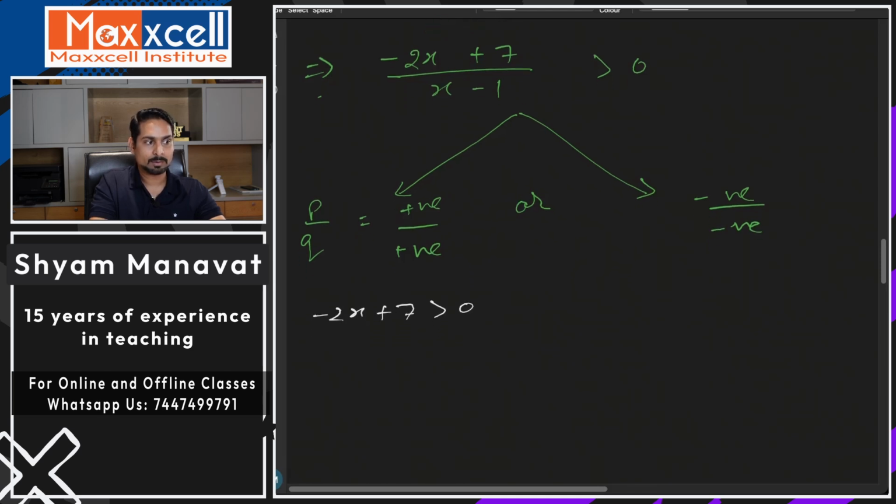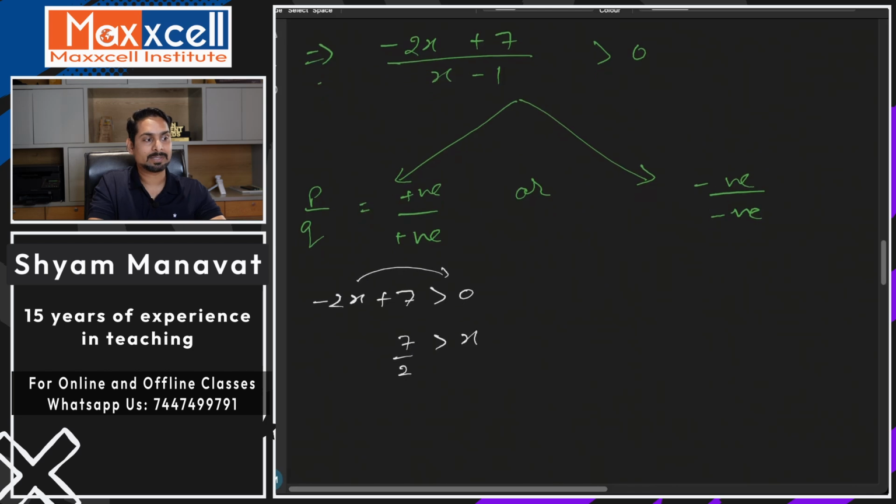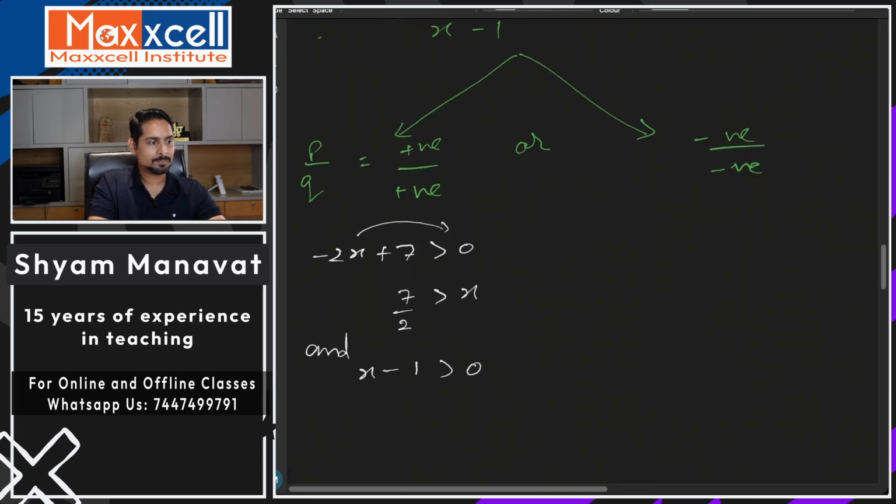Yeah. So that way you get what? Let me simplify this. You get here 2x and 2 here in the denominator. So x is less than 7 by 2 and the denominator positive, that is x minus 1 more than 0. So you get what? x more than 1. Yeah. So you have these two. So 7 by 2 means what?